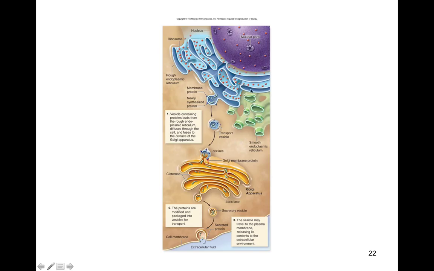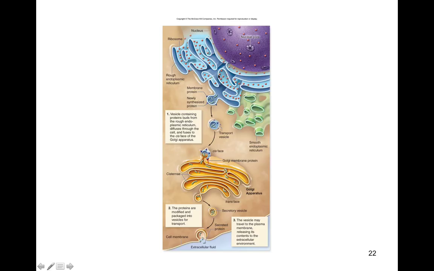So here's a great picture of how the transport of various materials, particularly proteins, occurs, and you're going to want to pay attention to this because this is a very likely essay question. Information from the DNA, which is in the nucleus, is transferred to the ribosomes of the rough ER.